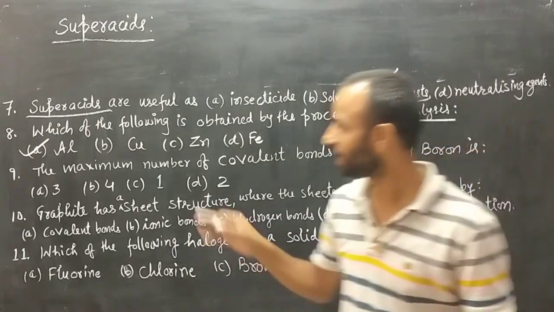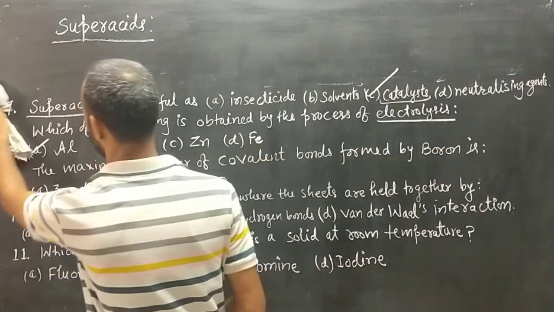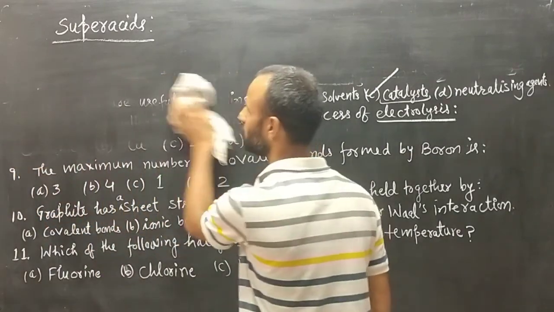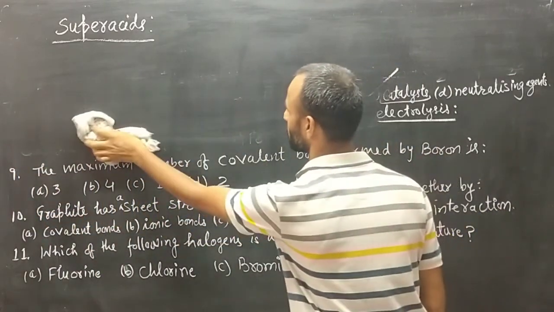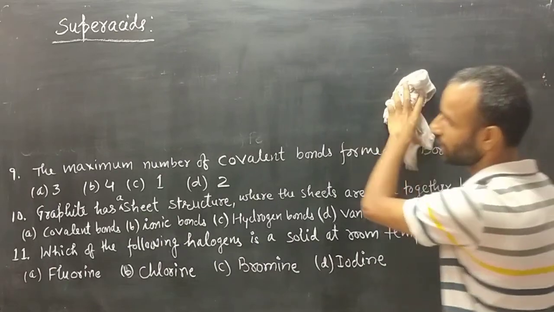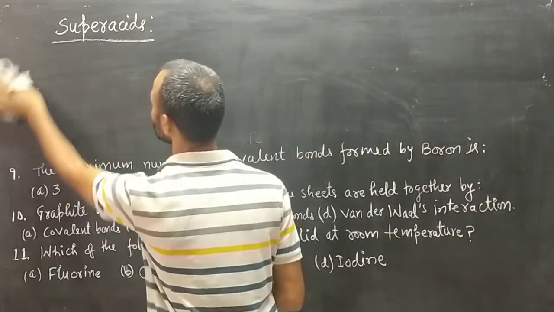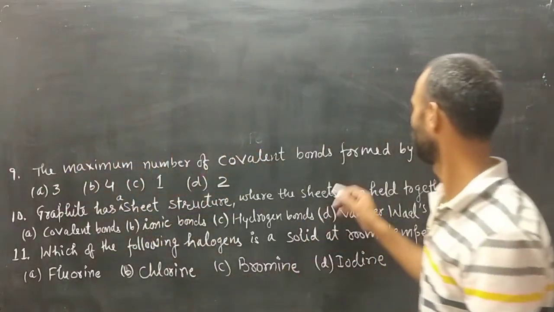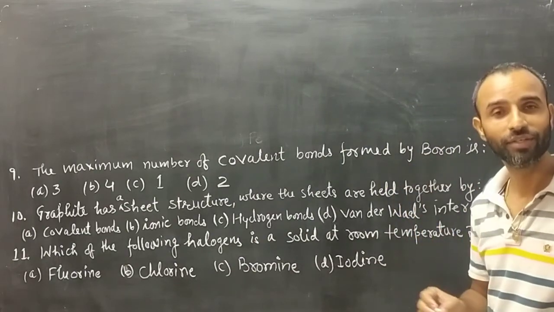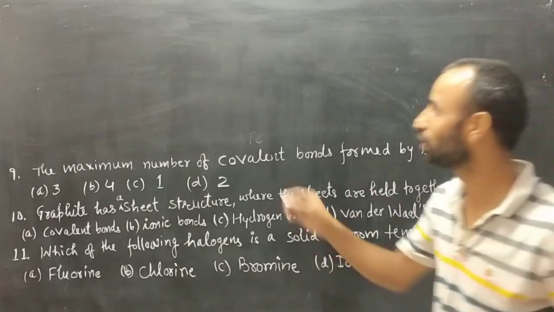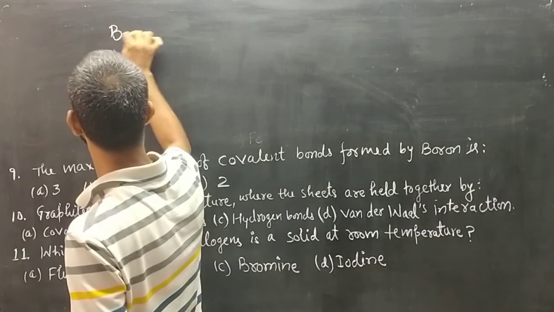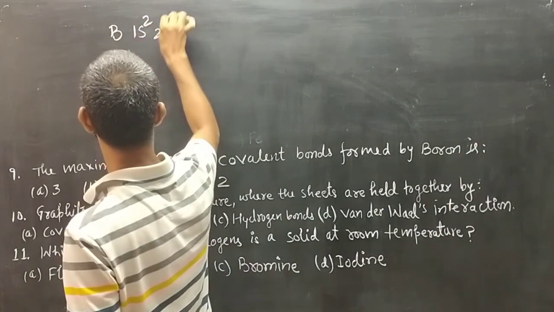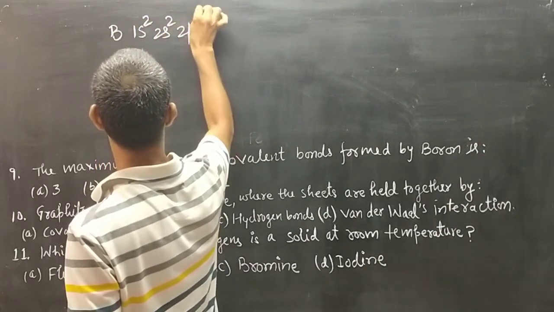Okay, great. Now questions 9 and 10 are from GSET 2008. The question is the maximum number of covalent bonds formed by boron. Very easy question. You know boron is 1s2, 2s2, 2p1.